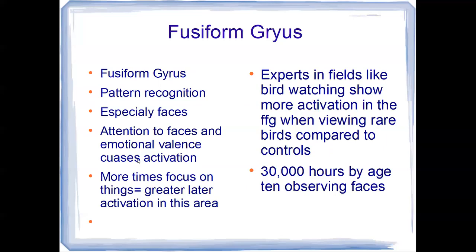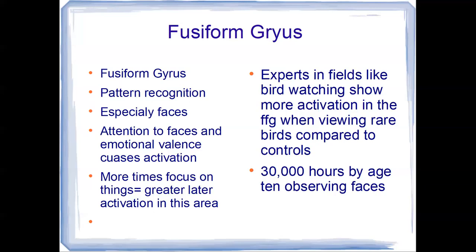So there's a lot of debate about the fusiform gyrus. It's largely considered a face area, but it is activated in other aspects of pattern recognition. It's just activated to a greater degree when looking at faces.